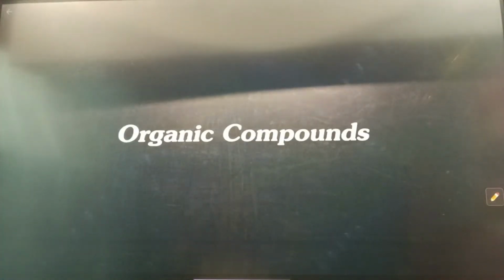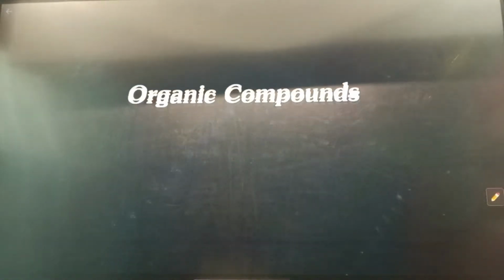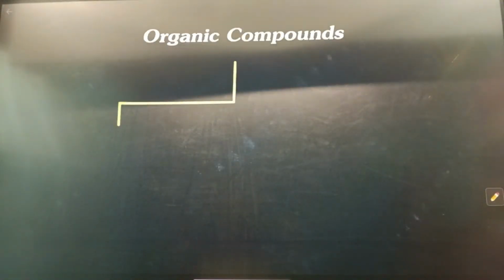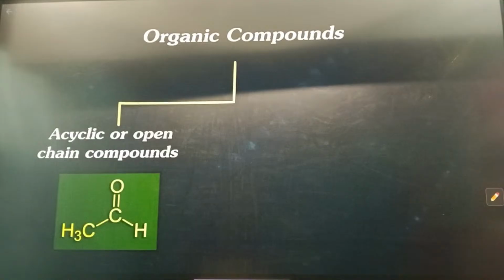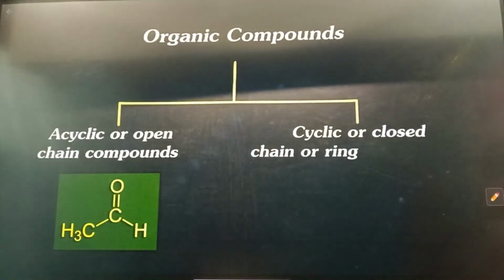Organic compounds are broadly classified as shown. Organic compounds are divided into two parts: 1. Acyclic or open-chain compounds, and 2. Cyclic or closed-chain or ring compounds.